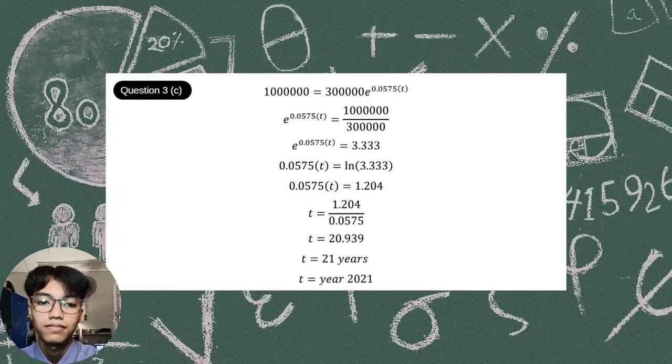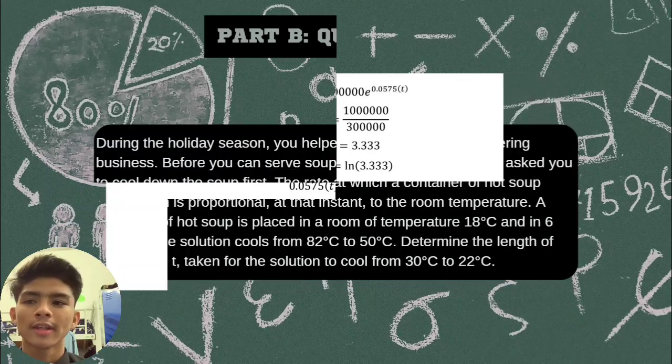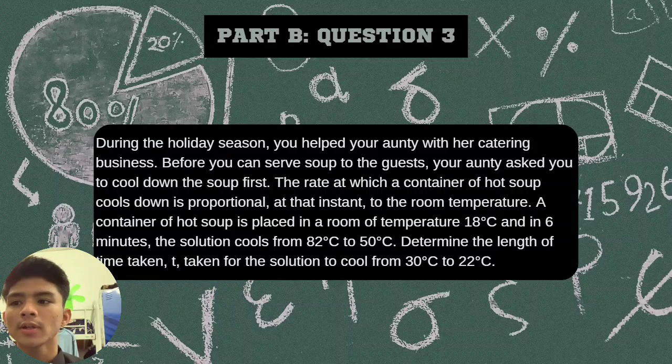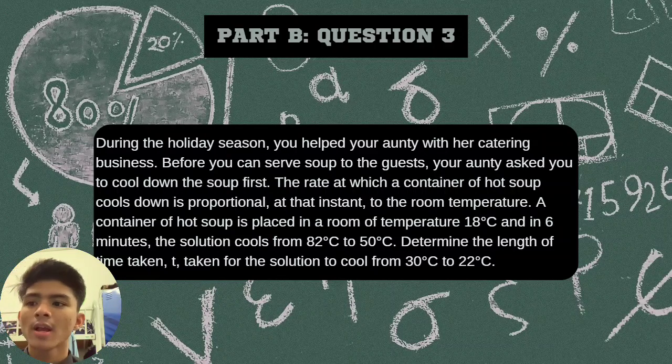That's it. Thank you. Okay, so for part B, question 3. During the holiday season, you help your auntie with her catering business. Before you can serve soup to the guests, your auntie asks you to cool down the soup first. The rate at which a container of hot soup cools down is proportional at that instant to the room temperature.